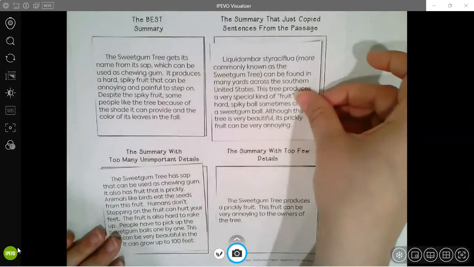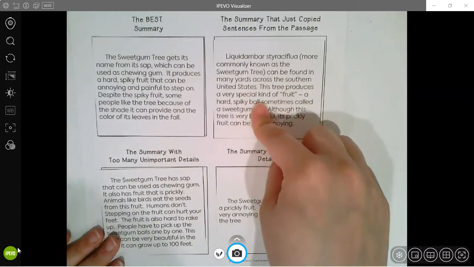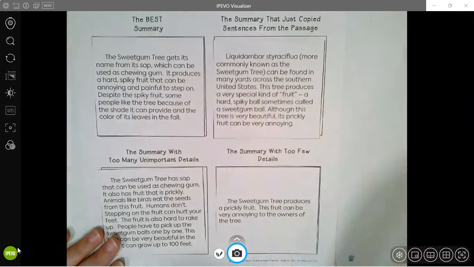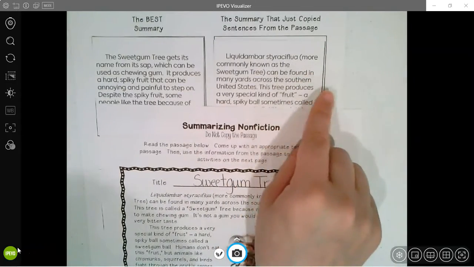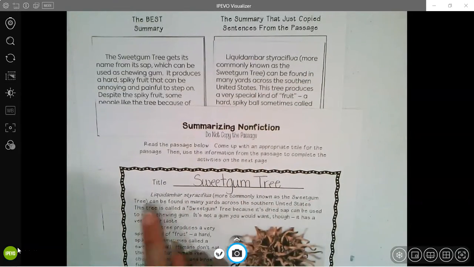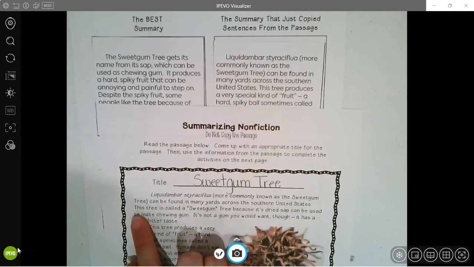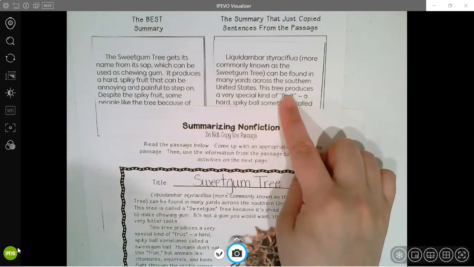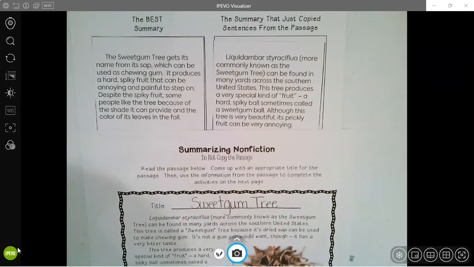So this one here is just copying sentences from the passage, which now I can kind of see. So right here, this first sentence is right from here. The liquid amber known as the sweet gum can be found in many yards across the southern United States. This tree produces a very special kind of fruit, a hard spiky ball called sweet gum.